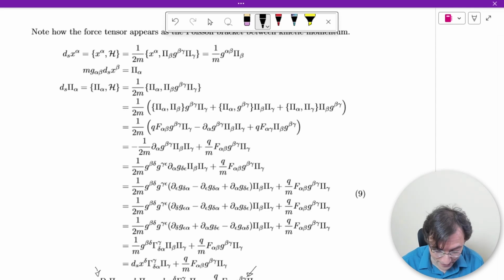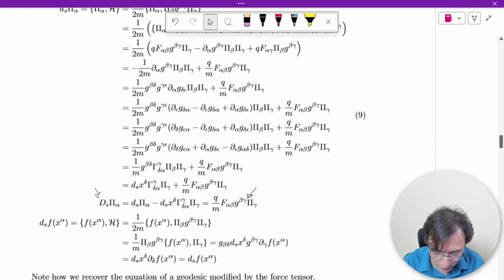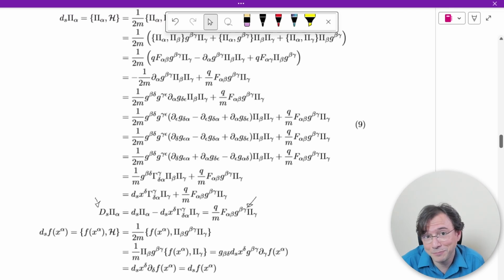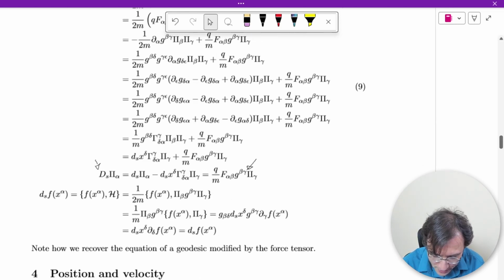So things work out as you would expect if you were trying to write relativistic equations. So okay, this works.